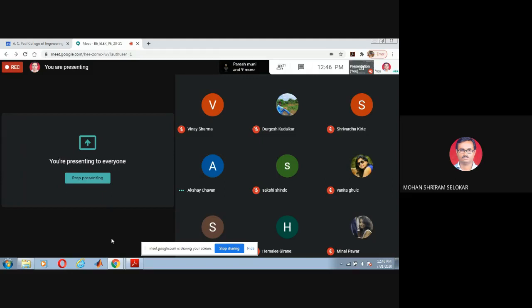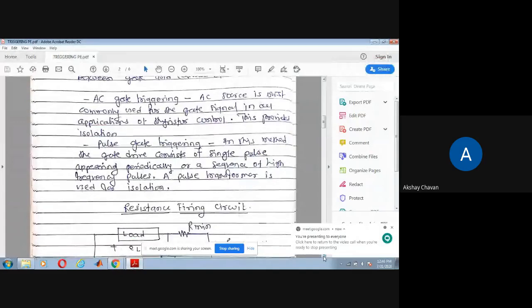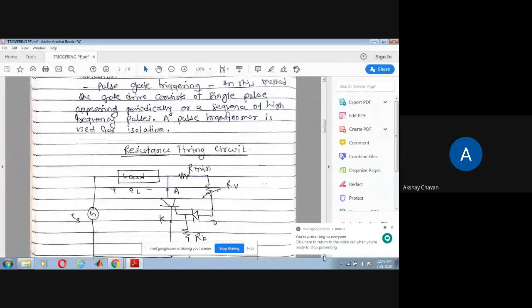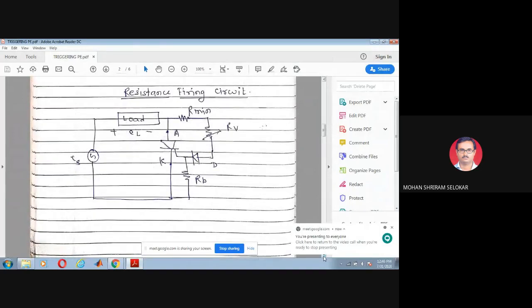Do you understand the various methods? Okay, draw this circuit, the resistance firing circuit. Draw it.